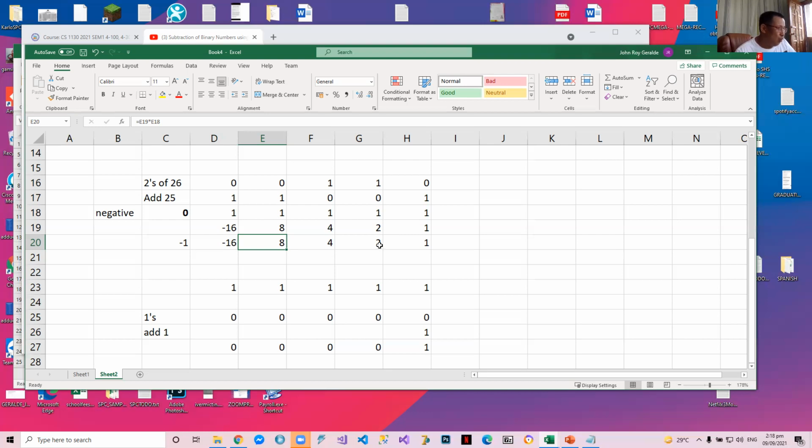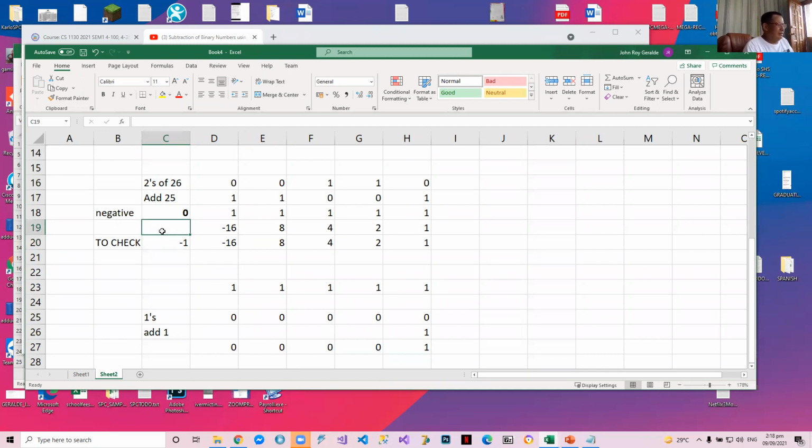Plus 2 is -2. -2 plus 1 is -1. Right? Do you follow? So this is -1. This is to check. The decimal value is -1.